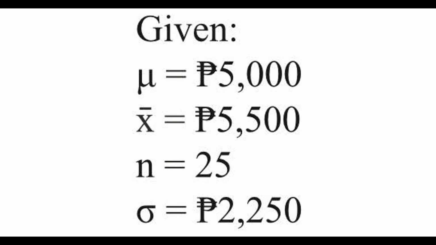First, the value of our mu is 5,000 pesos. The sample mean, or the X bar again, is 5,500 pesos. The n value, or sample size, is 25 and the standard deviation is 2,250. In this test, we will find out what percentage is the probability that the sample mean is greater than 5,500 pesos.